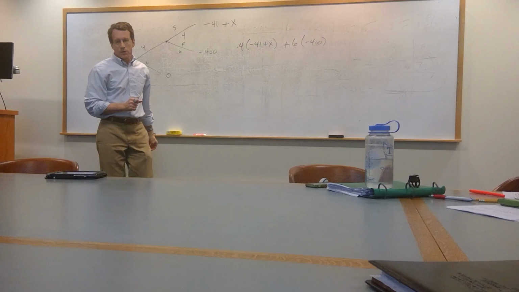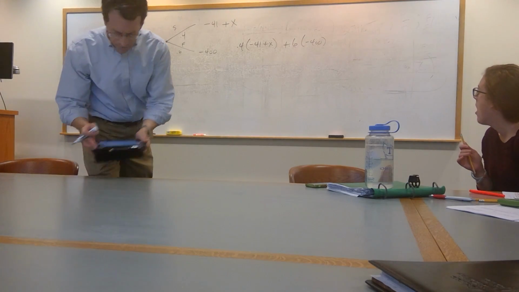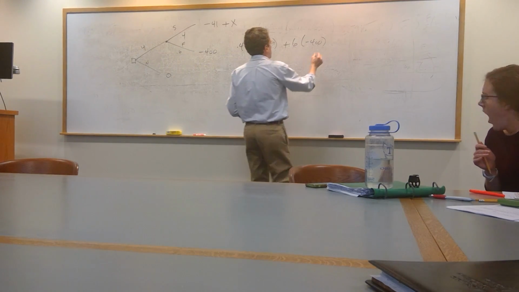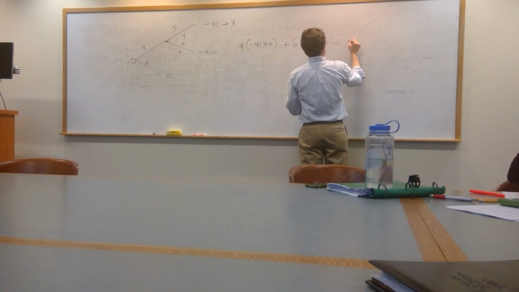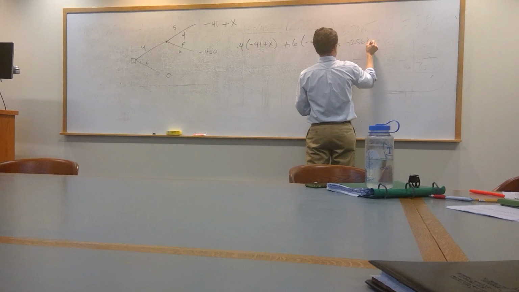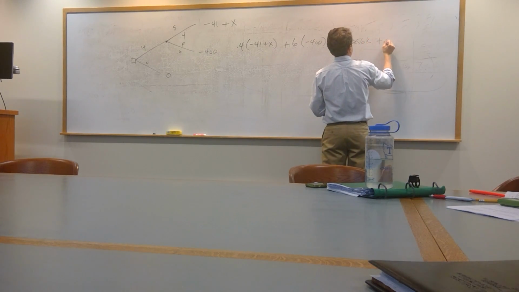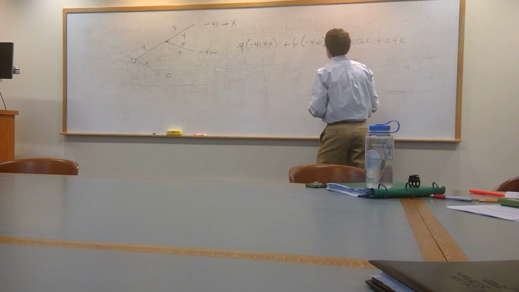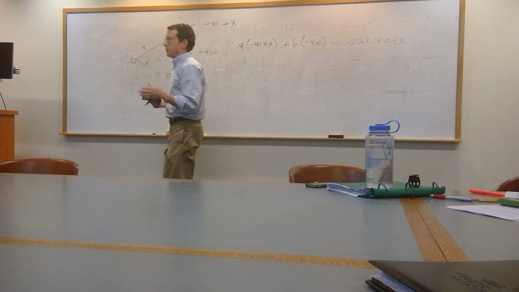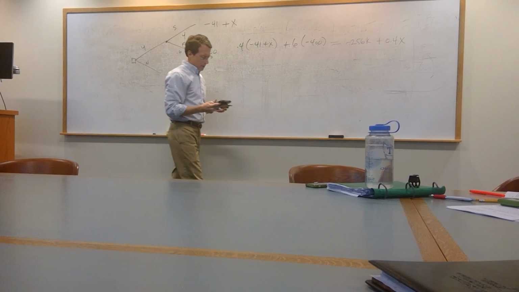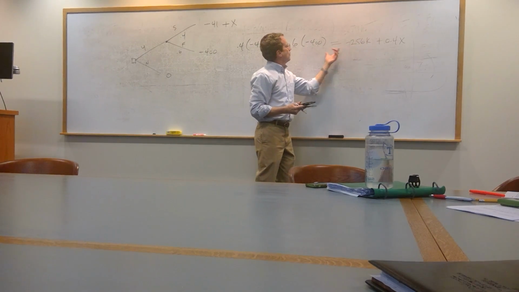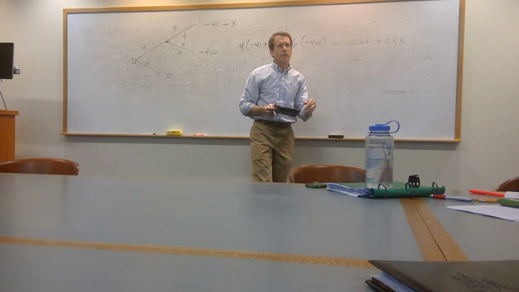So what we have to do is calculate the expected value, and it turns out when you multiply this out, you get minus 256K.